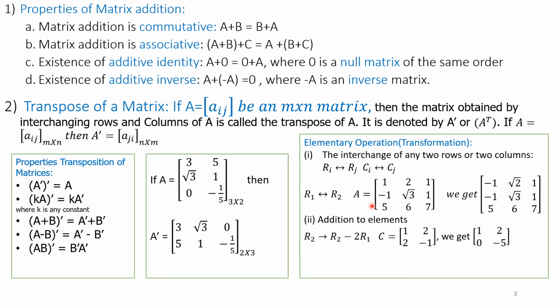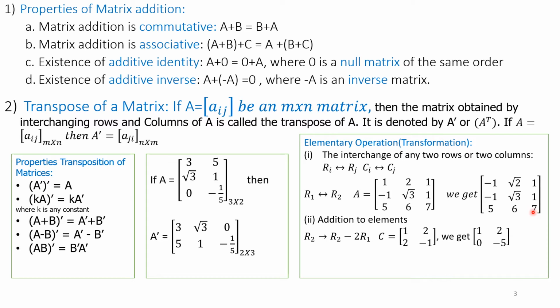A is a given matrix, without interchange: 1, 2, 1; minus 1, root 3, 1; 5, 6, 7. Here A is a given matrix. After interchanging row 1 by row 2, we get minus 1, root 3, 1; 1, 2, 1; 5, 6, 7.